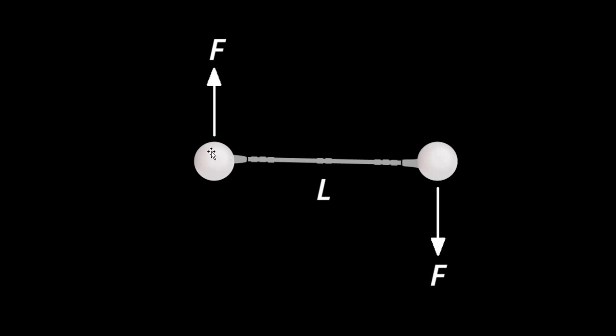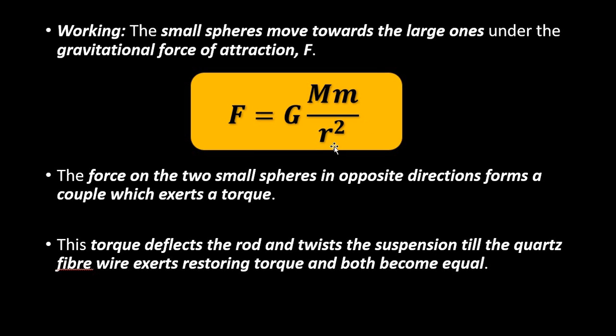As a result, both of these gravitational forces, which are equal in magnitude but opposite in direction, constitute a couple. The value of the gravitational force is G capital M small m by r squared. As they are equal in magnitude but opposite in direction, they form a couple and exert a torque, which is called the deflecting torque.